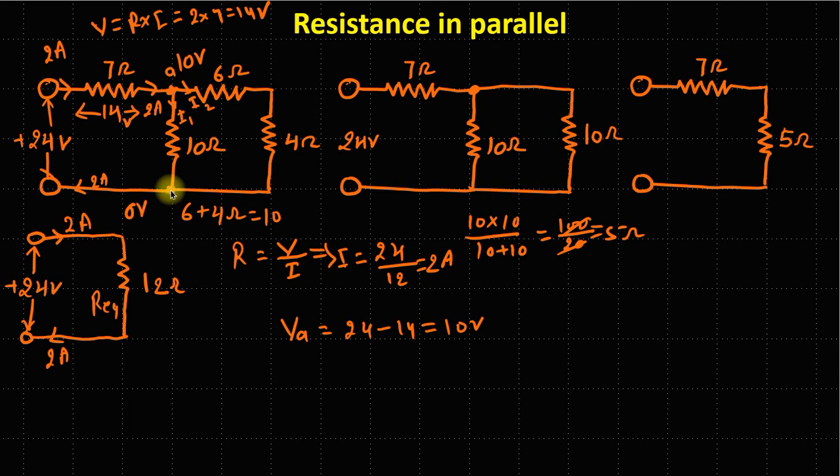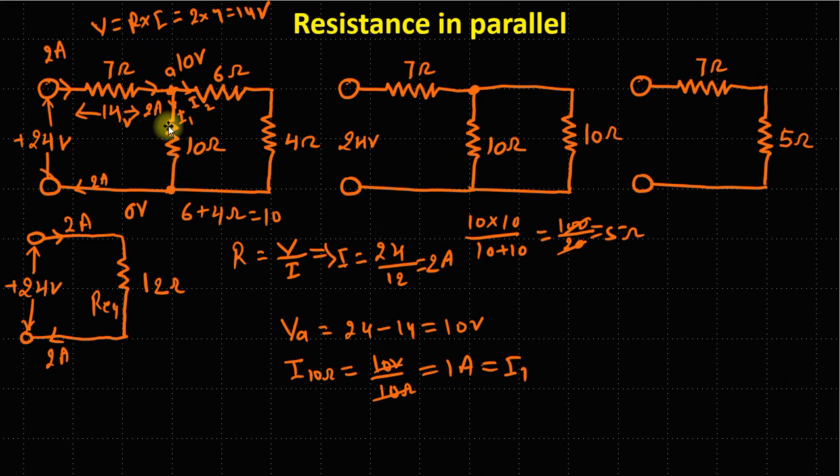So you can calculate the current across this resistance. The current across the 10 ohm resistance will be 10 volt divided by 10 ohm, equal to 1 ampere. So I1 equals 1 ampere.